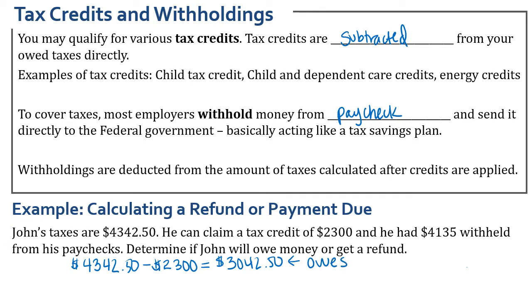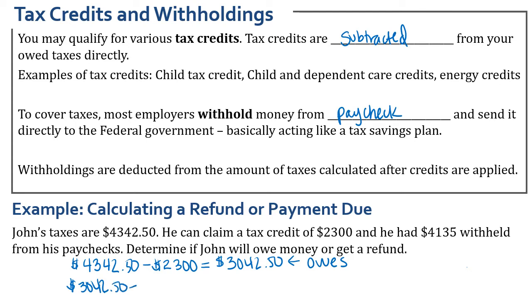So again, tax credits are great because they just get subtracted right off the bat. So even though when we calculated his taxes we found he owed $4,342.50, because he had a tax credit, he got to subtract that away. So he actually owes $3,042.50.